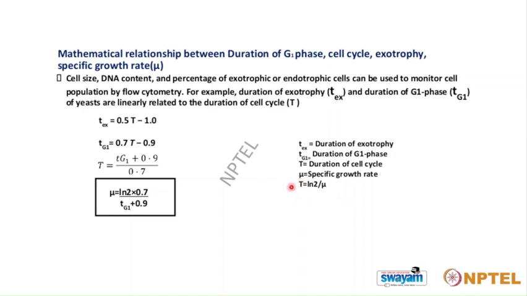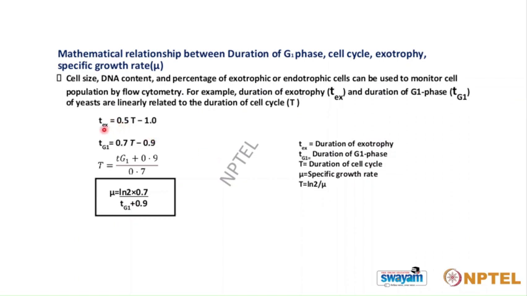Actually growth rate is equal to ln 2 by t. So if you want the duration of cell cycle, you can bring this t here and bring down the specific growth rate here, which can be written as ln 2 by mu.